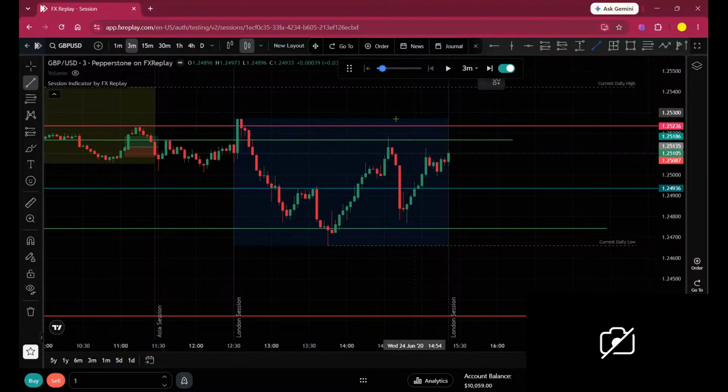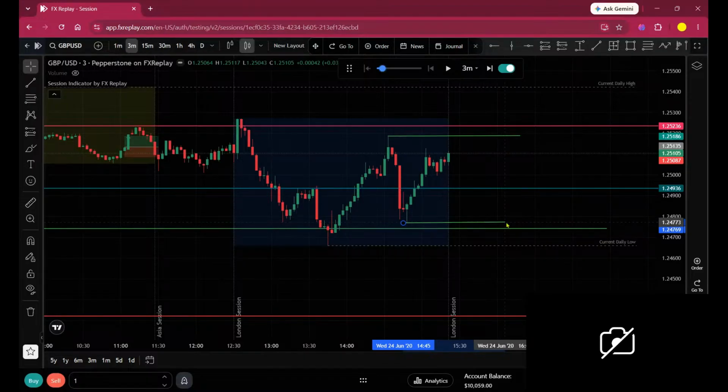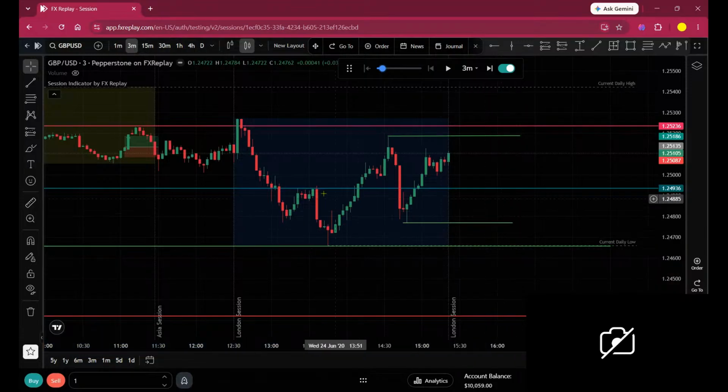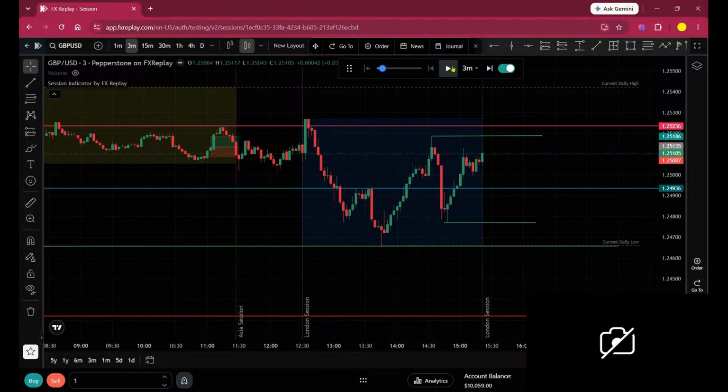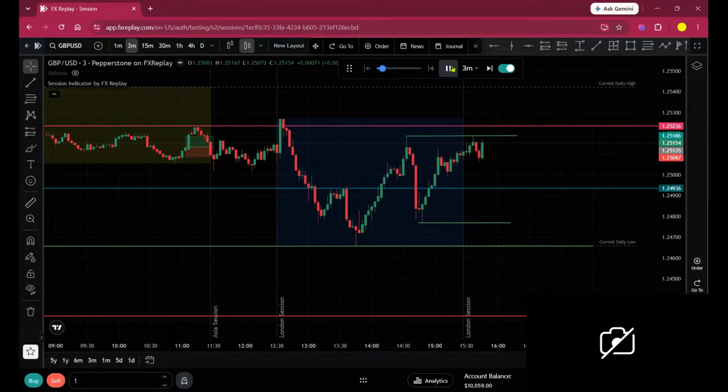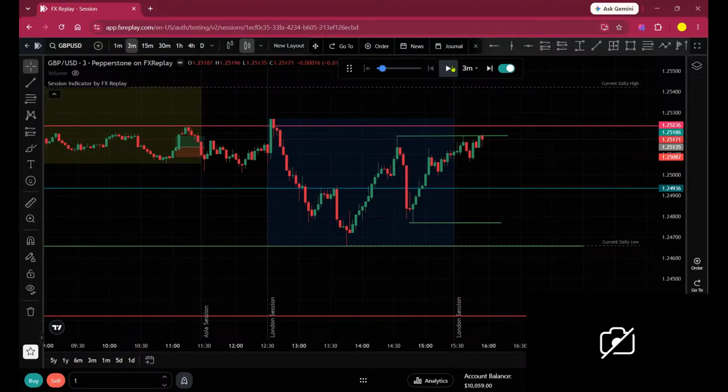Let me remove this. We have liquidity here and we have liquidity here, and this is also liquidity. Time is 4 o'clock around.